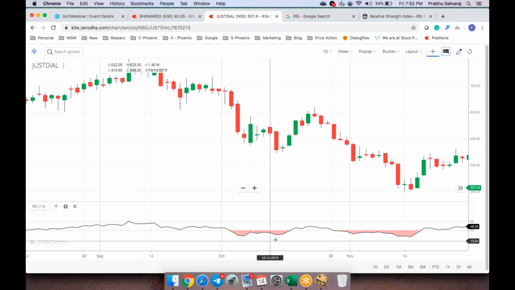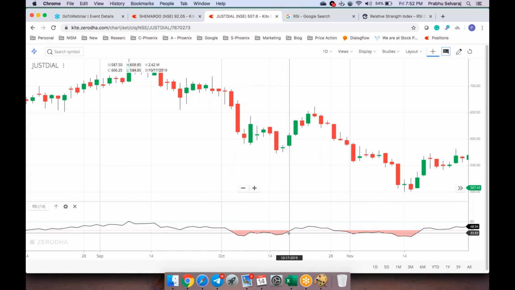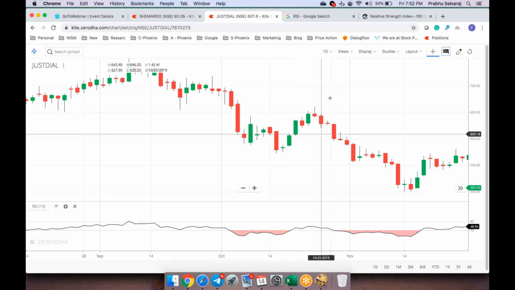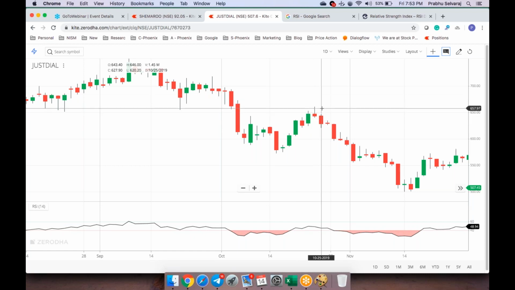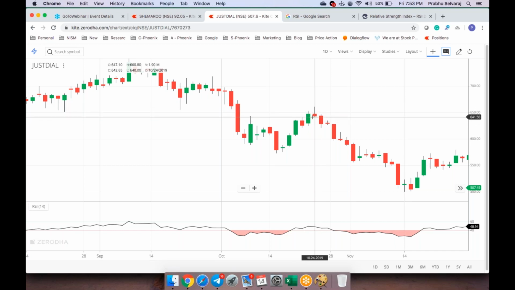A good crash, a short entry. Now here you have to book profits because it's a candlestick reversal pattern and my RSI is also in the no trading zone, but you will not short it. You should not be taking any entry on this.